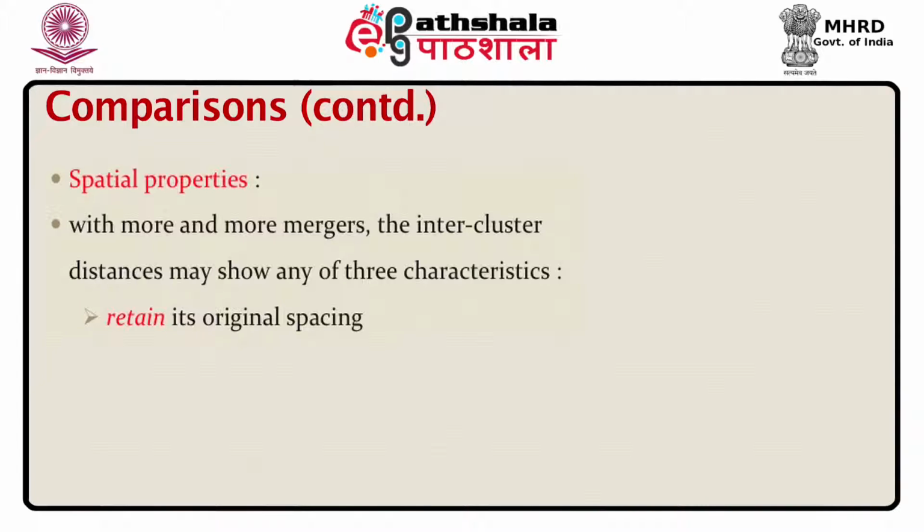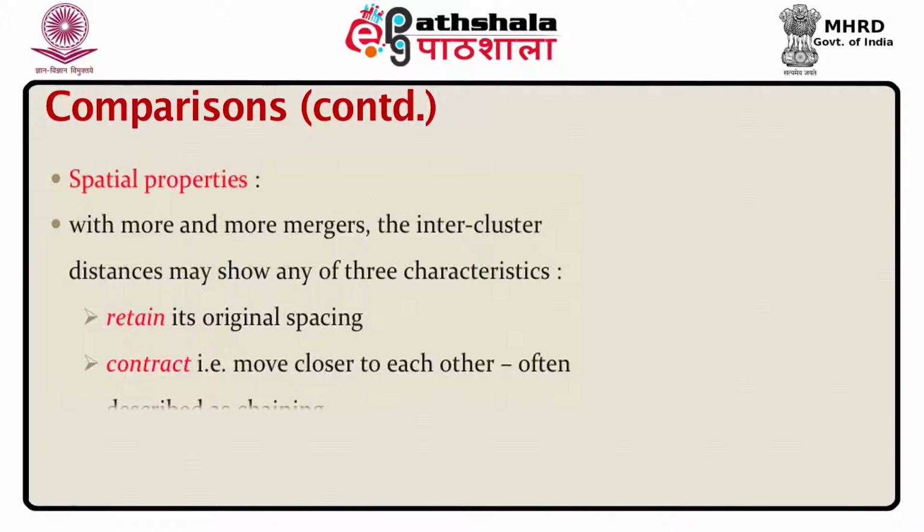The first is that it retains its original spacing. So the clusters keep on merging with each other, but the relative distances between the clusters do not change by much. As opposed to this, we can have contracting clusters.